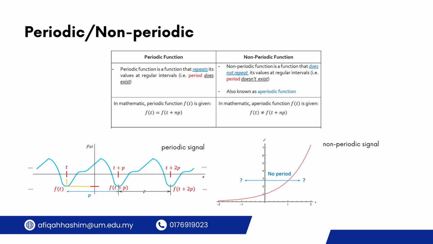So f(t), and at this point on the x-axis, f(t + P), where P is one period. Then it repeats again, so P becomes 2P, and if it repeats again it becomes f(t + 3P), f(t + 4P). This signal we call a periodic signal.